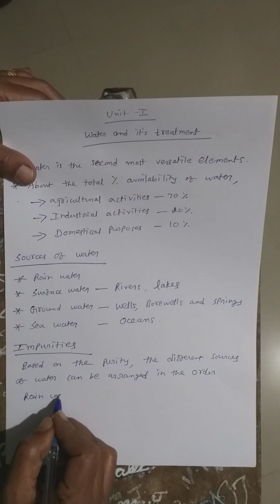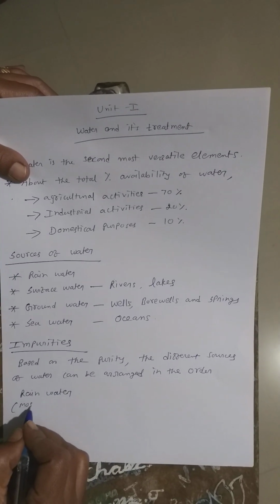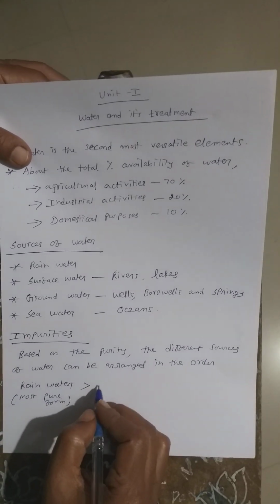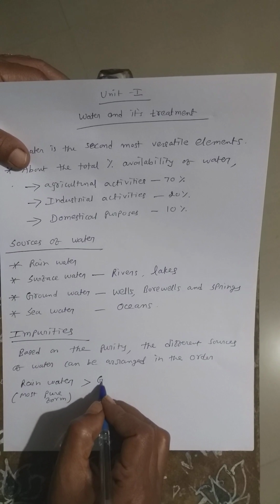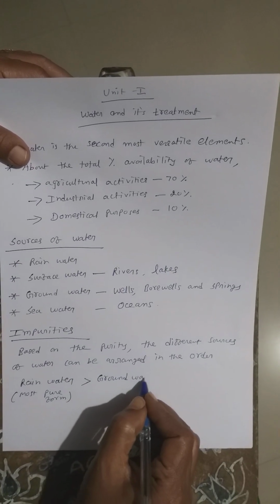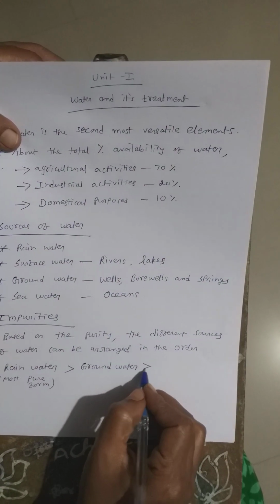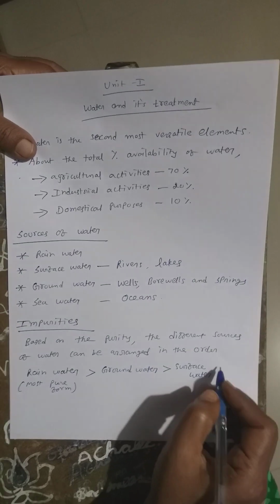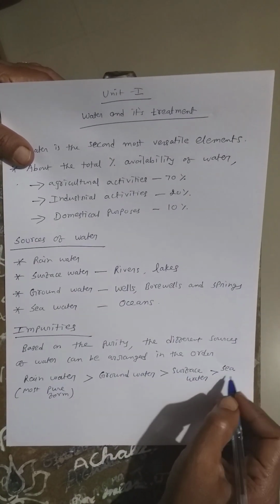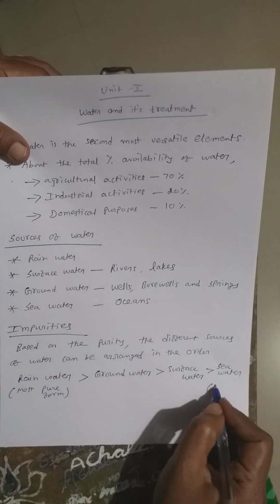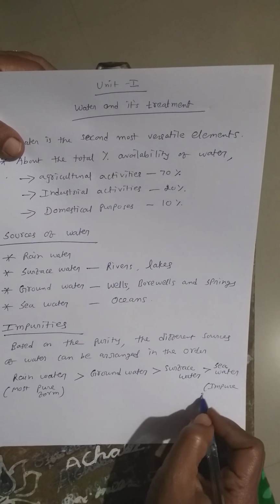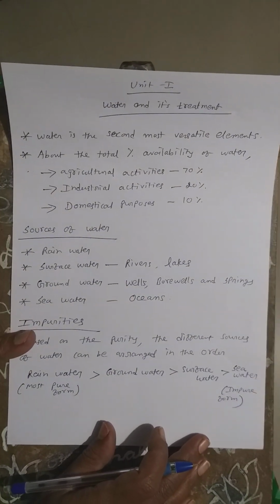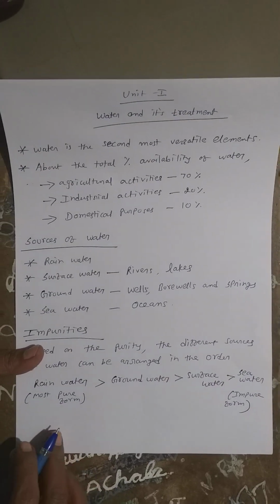That is, rainwater is the most pure form, and next comes the groundwater or underground water. Then comes the surface water, and last lies the seawater, which is the impure form of water. Seawater is said to be an impure form as the salinity level is more.